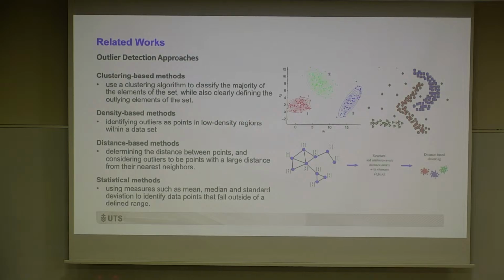The density-based methods identify outliers as points in low-density regions within a data set. The distance-based methods determine the distance between points and consider outliers as points with large distance from their nearest neighbors. And there are also statistical methods, which use measurements such as the mean, standard deviation, and variance to identify data points outside a defined range.